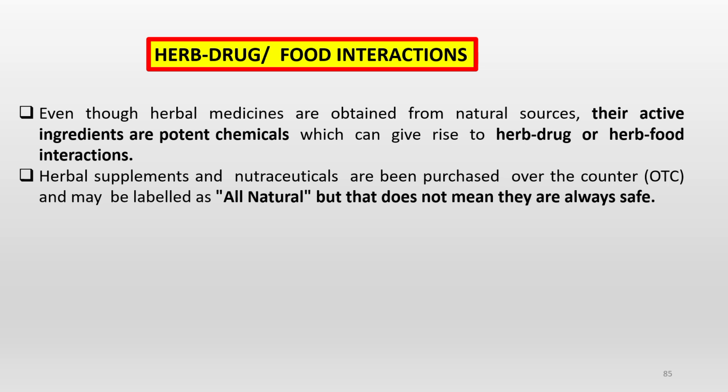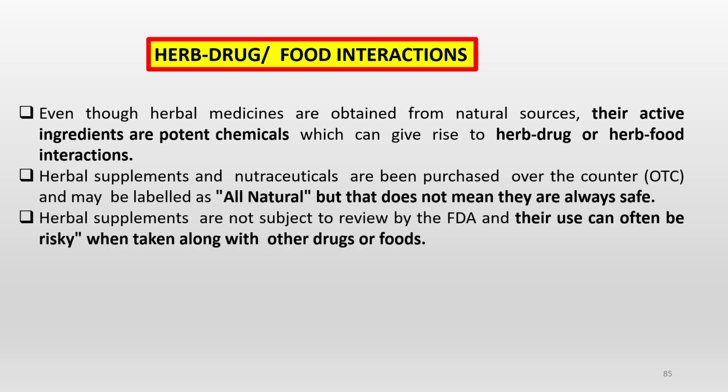Herbal supplements and nutraceuticals are purchased over the counter and may be labeled all natural, but that does not mean they are always safe. You should not simply take them along with any drugs. Herbal supplements are not subjected to review by the Food and Drug Administration, and their use can often be risky when taken along with other drugs or foods without consulting a physician.